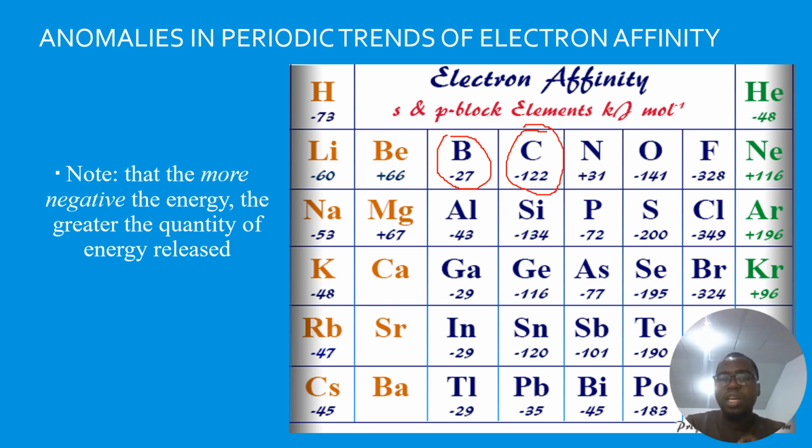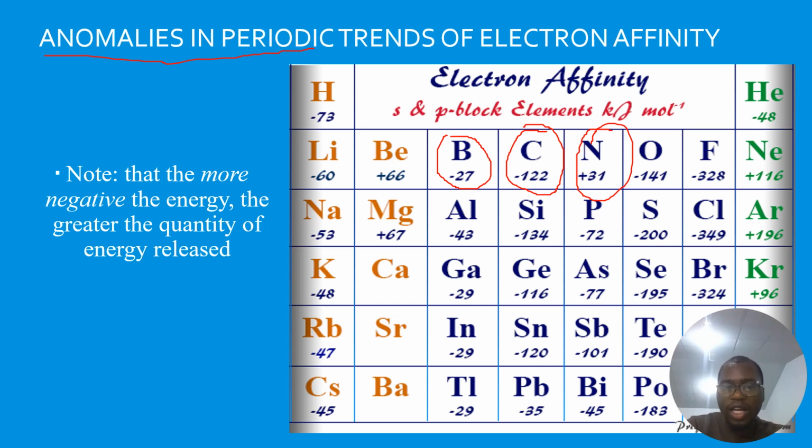So this brings me now to what we are calling the anomalies in the periodic table. It is expected that as we move from left to right across the periodic table, we are going to experience an increase in electron affinity. But this isn't the case when we meet certain points. For example, I'll pick on carbon and nitrogen. Nitrogen is on the right side of carbon.